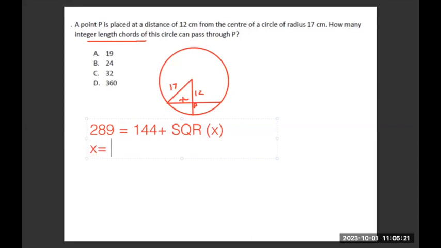So x will be equal to the square root of 289 minus 144, which is 145. So x is approximately 12.04.